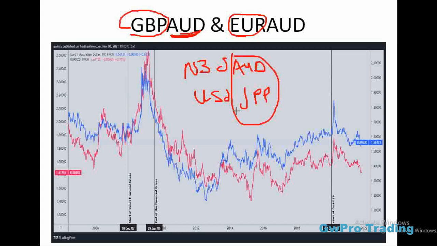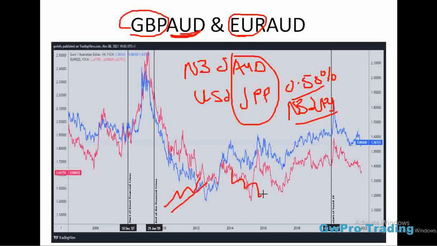All right, if you want to know what is happening or what mode the market is in right now, you want to go check NZD JPY, because NZD has the highest interest rate. Okay, so if this is going up, definitely you can say that that is risk on market mode.